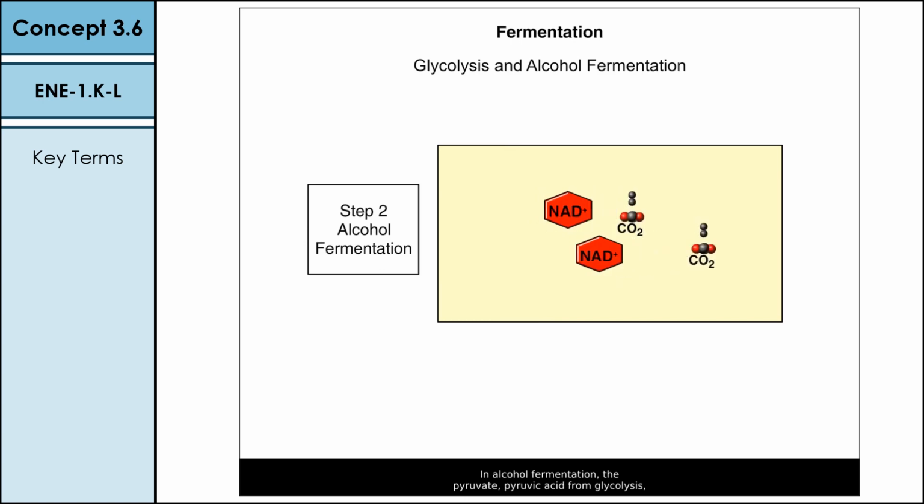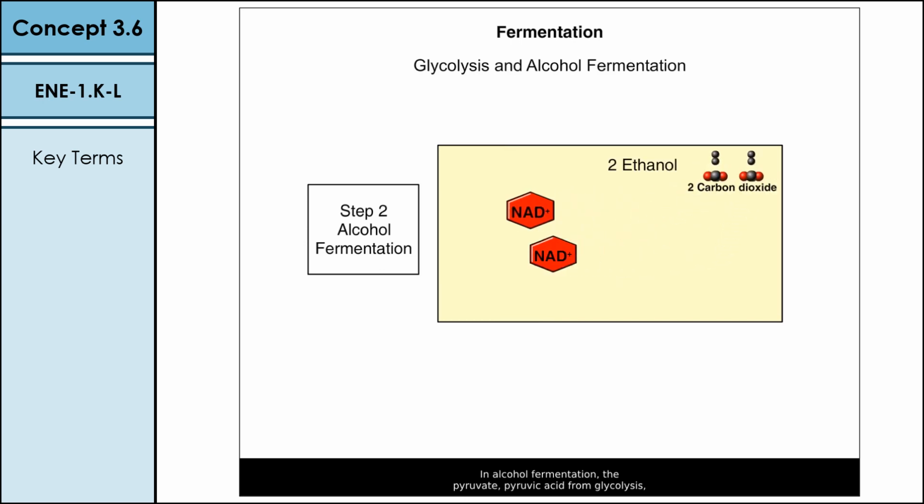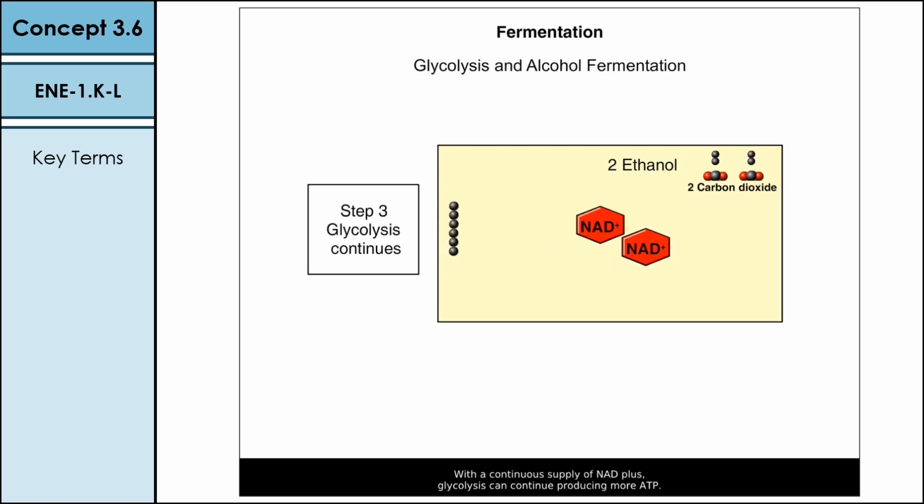In alcohol fermentation, the pyruvic acid from glycolysis loses 1 carbon in the form of carbon dioxide, and the product is then reduced to ethanol by NADH. With the formation of ethanol, NADH is oxidized and becomes NAD+. With a continuous supply of NAD+, glycolysis can continue producing more ATP.